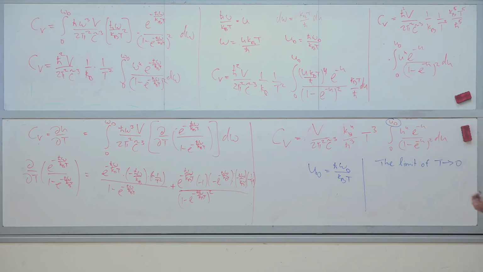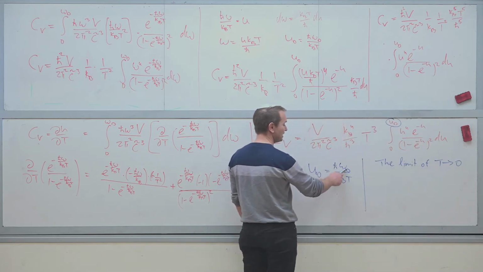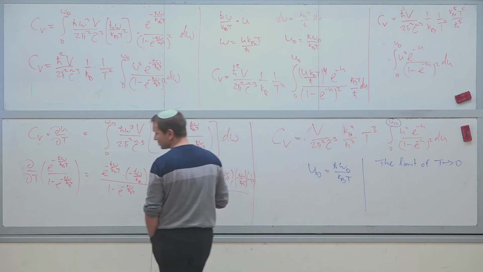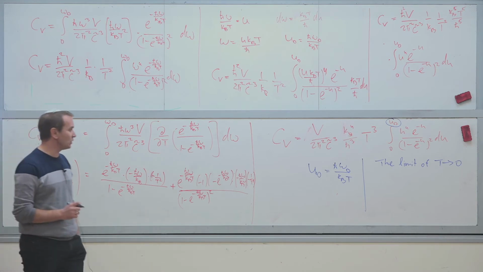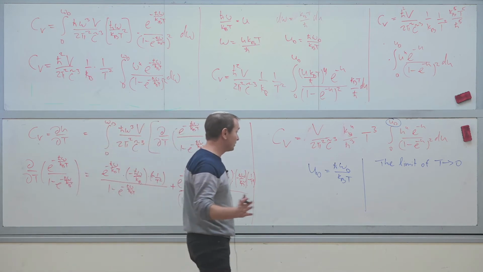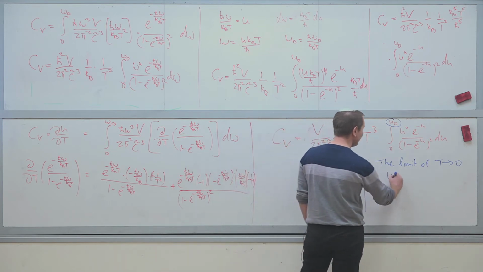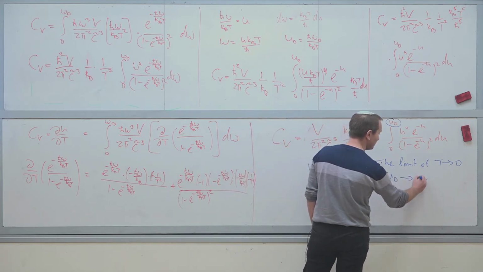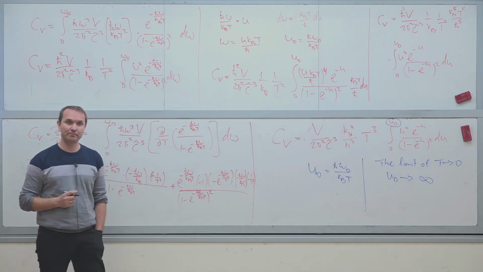When T goes to 0, H bar omega Debye is a constant. Do you remember what omega Debye is? We have written it down. It is some number, a constant independent of temperature. Divided by temperature, when T goes to 0, UD goes to infinity.